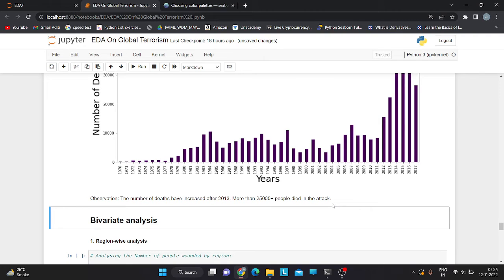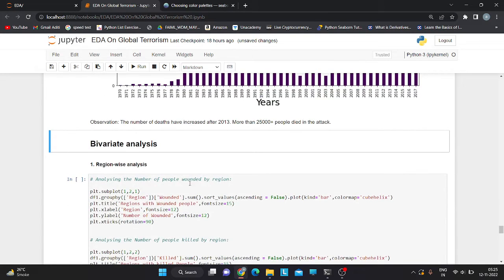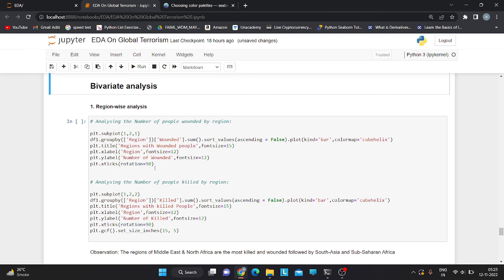Now we are done with univariate analysis so far. Now let us do bivariate analysis. Region wise analysis is what we are going to do first. We are going to plot subplots wherein we will show the comparison of the region wise number of people who have been wounded, and region wise number of people who have been killed.